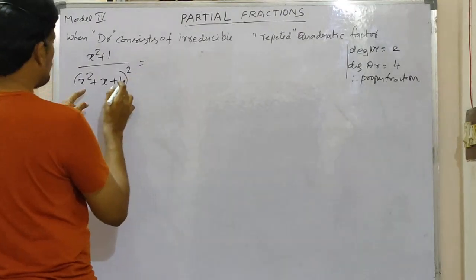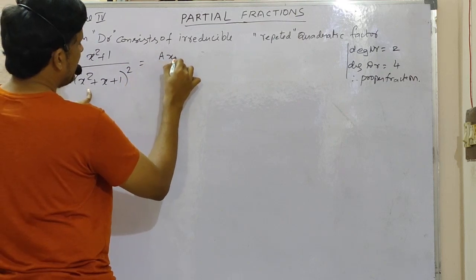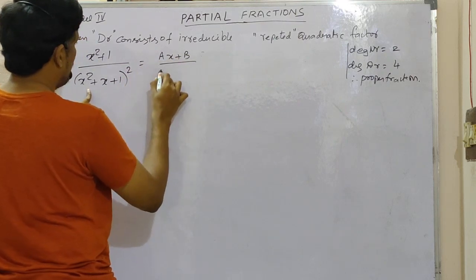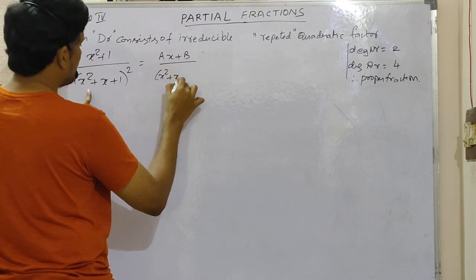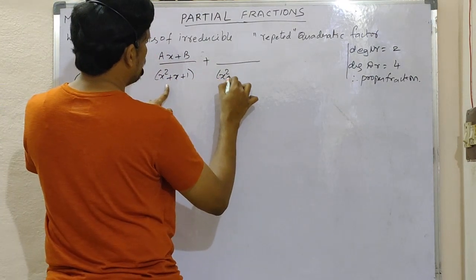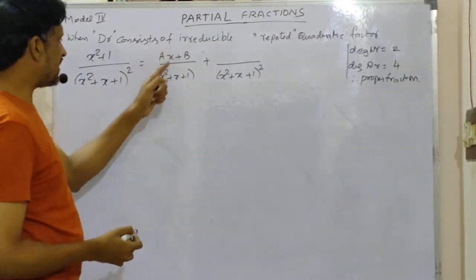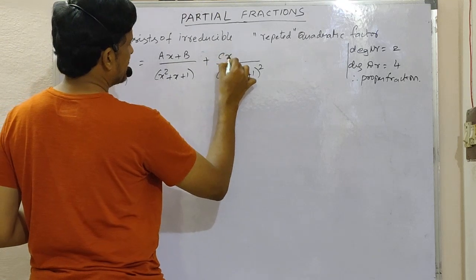So corresponding to this one, you will get the partial fractions of the form. First one is ax plus b by x square plus x plus 1. Plus then gradually increase the index up to the given nth power. So whole square, these are the two. Ax plus b by, in the same way here it is cx plus d by.